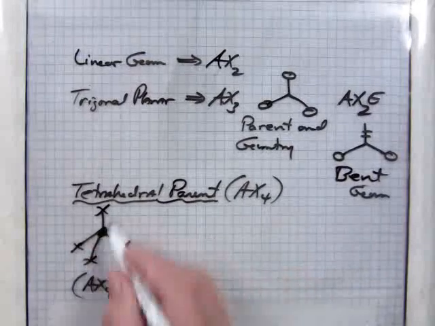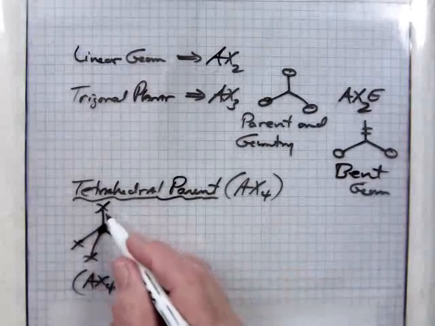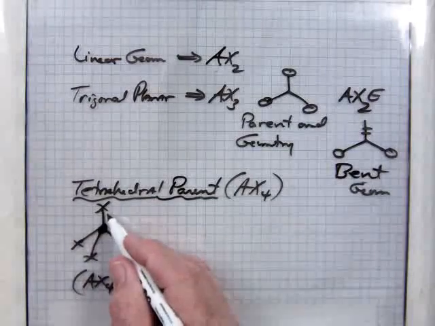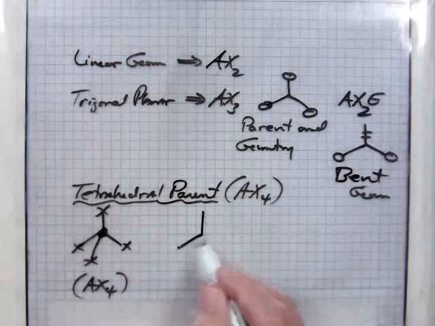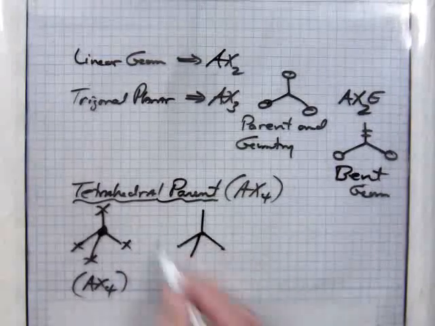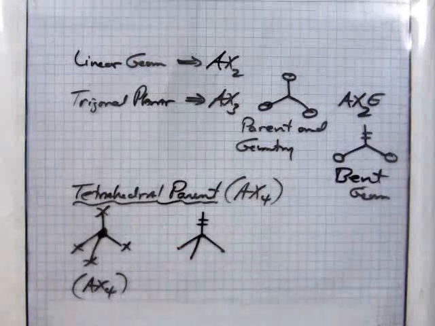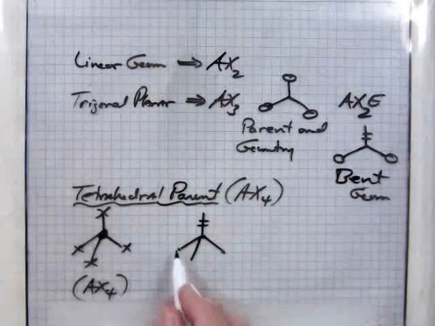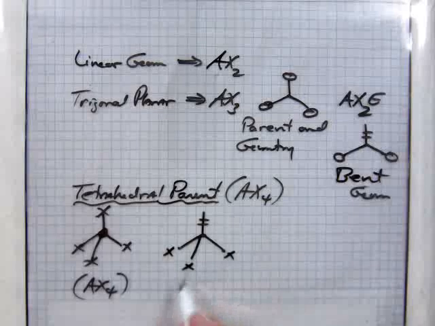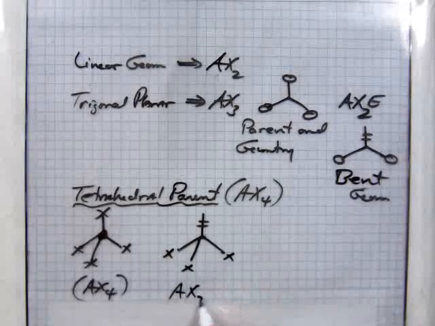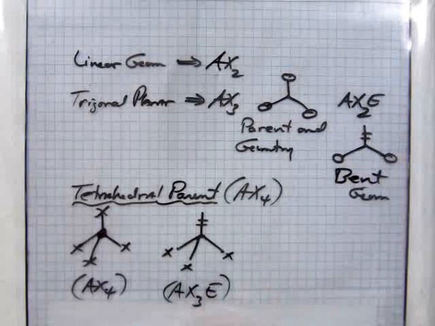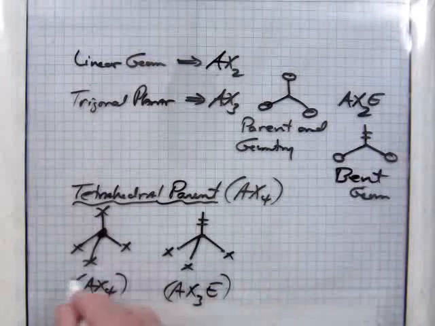But you can also substitute a non-bonded pair in for one of the X's. So while you still must draw the tetrahedron, you can put a non-bonded pair, and then you have 3. And so this is an AX3E geometry, not based upon the tetrahedral parent.